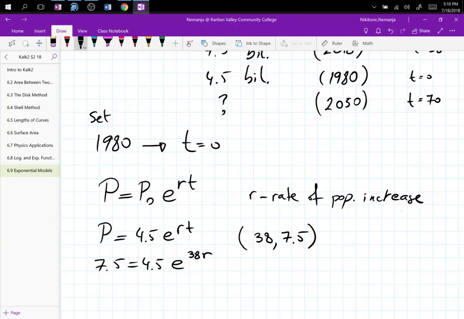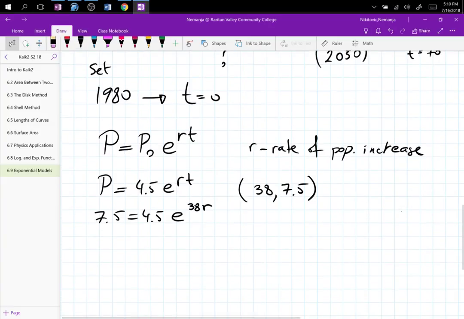So 7.5 divided by 4.5 is equal to 1.67. It's equal to e to the 38r.